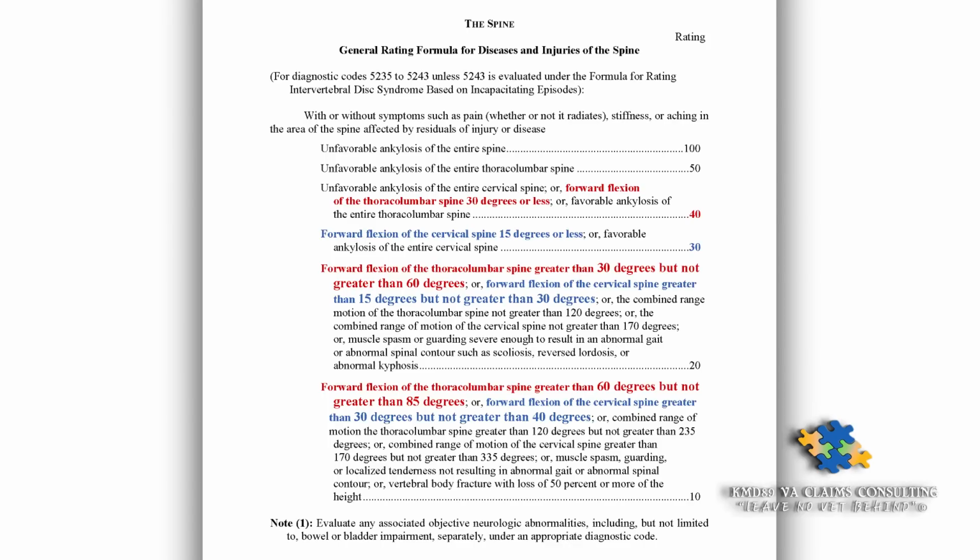Okay, so let's just take the 10%. Forward flexion of the thoracolumbar spine greater than 60 degrees, but not greater than 85 degrees. For the neck, it says forward flexion of the cervical spine greater than 30 degrees, but not greater than 40 degrees, okay? I have another video on my YouTube channel where I explain how they measure range of motion.